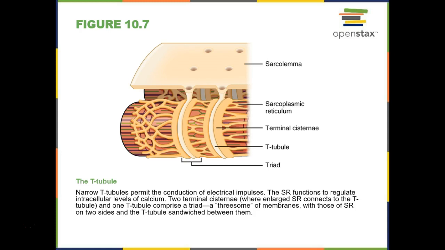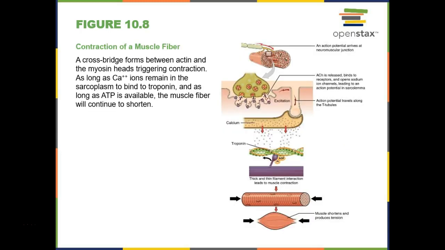Because the sarcoplasmic reticulum is attached directly to those T-tubules, making that little triad structure, the sarcoplasmic reticulum also gets stimulated. It contains bound calcium ions, which we need for a muscle contraction. So when a contraction is going to occur, calcium has to be released into the muscle fiber.